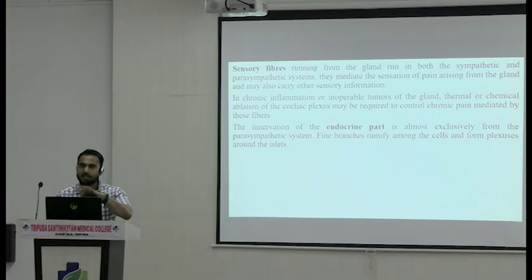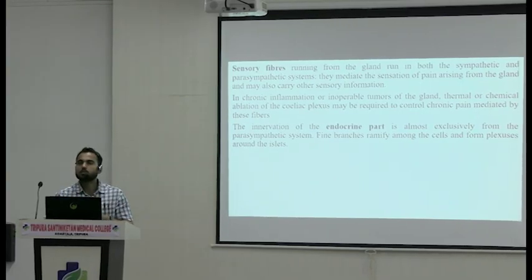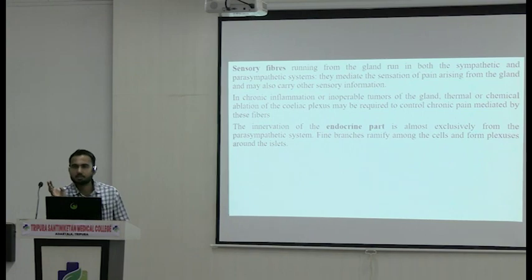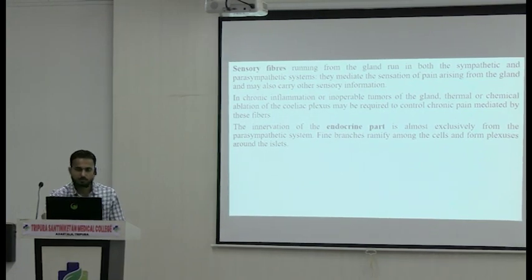So around the islets a plexus is formed, called the neuroinsular plexus, and it supplies the islets. Though it is a histological part, I have not included it here; we'll discuss it separately in the histology class.